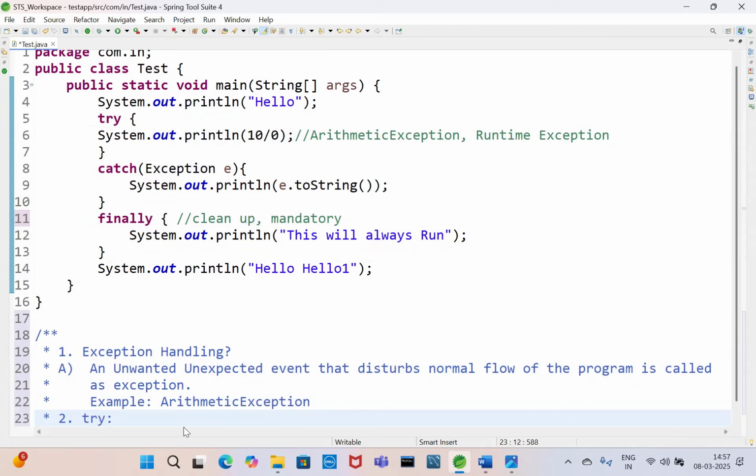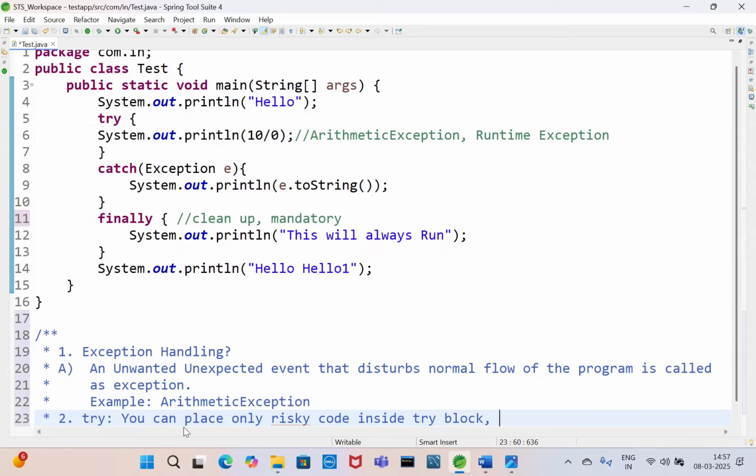See, try. You can place only risky code inside the try block.